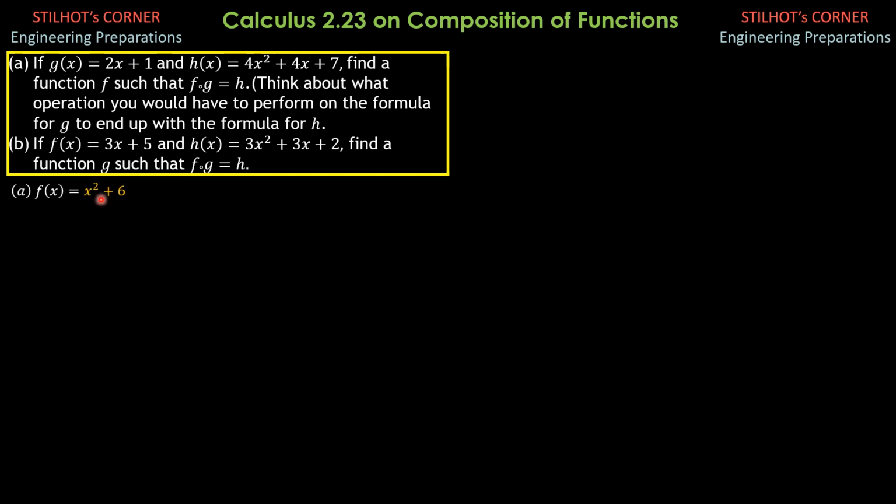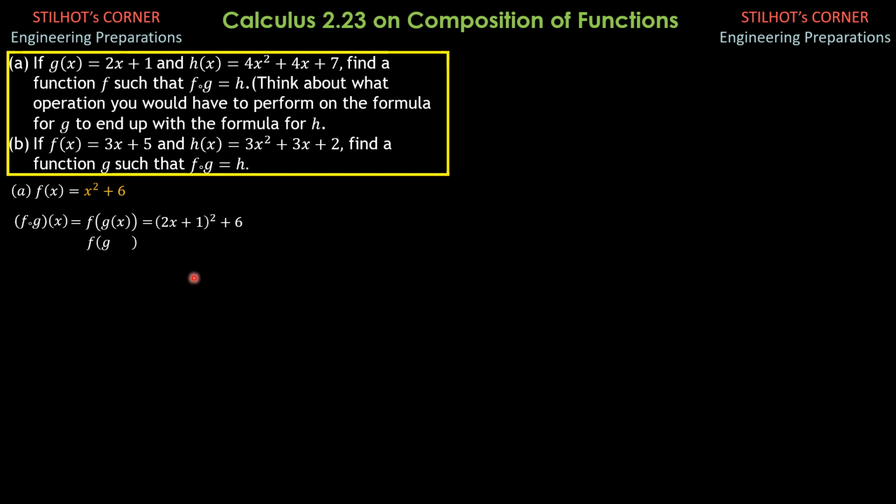To prove that this is really the answer, let's compute f of g of x. It is equal to quantity 2x plus 1 squared, substituting into this formula, then plus 6.